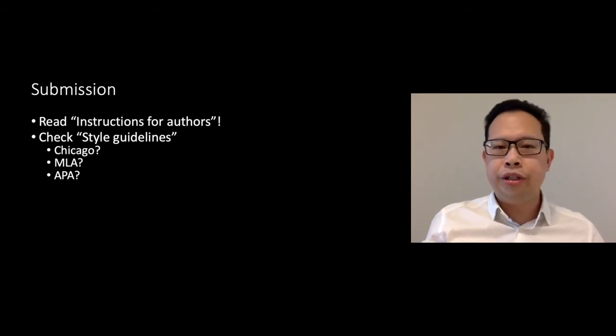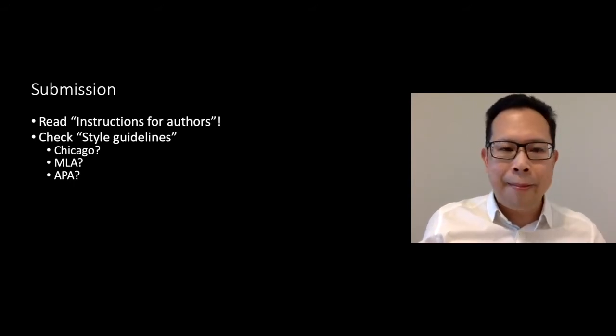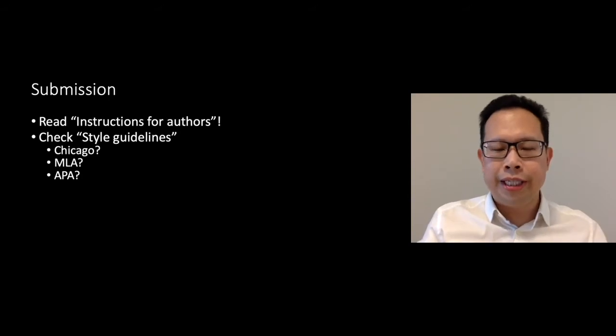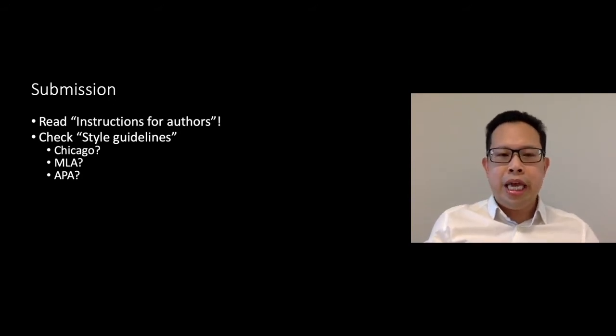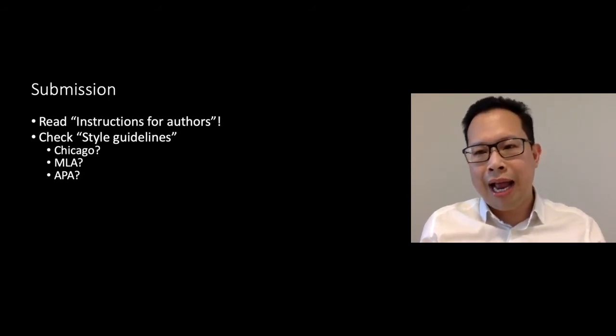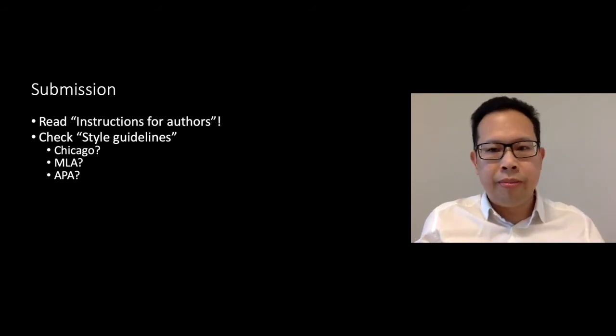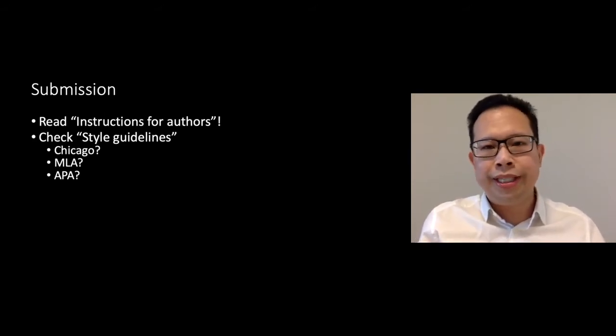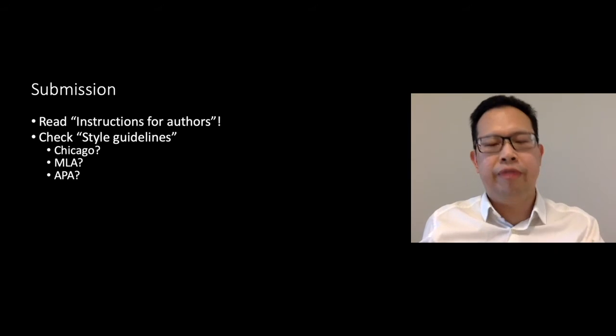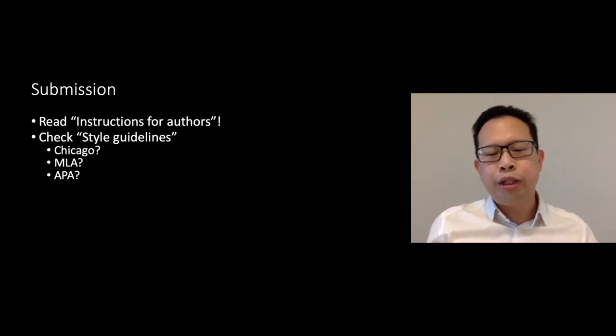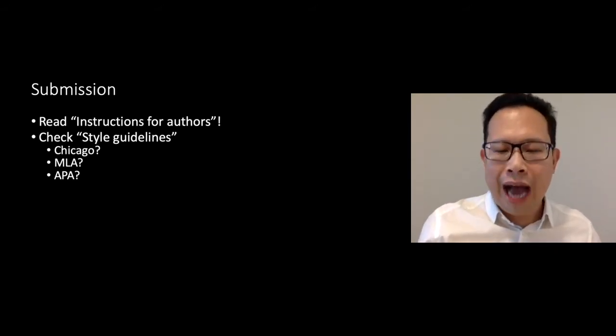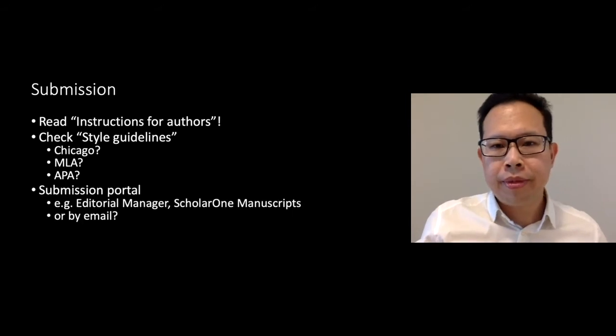If the journal is using Chicago, MLA or APA style, this is extremely important. Because if you do not follow the style guideline, very often the journal will not send your manuscript out for peer review. So therefore, always remember to check the style guidelines of the journal.